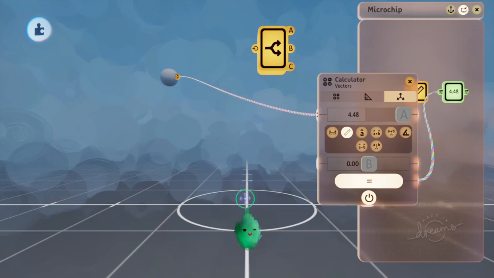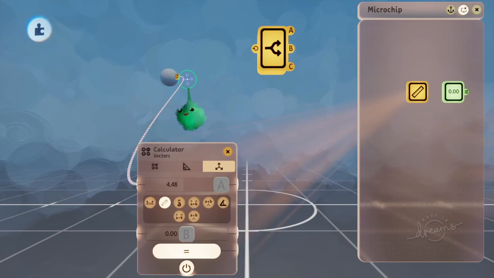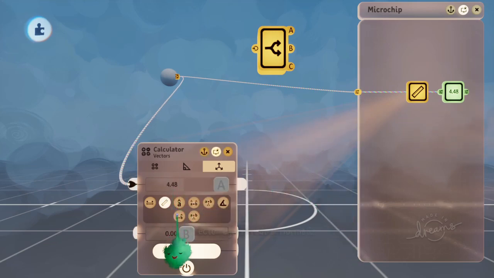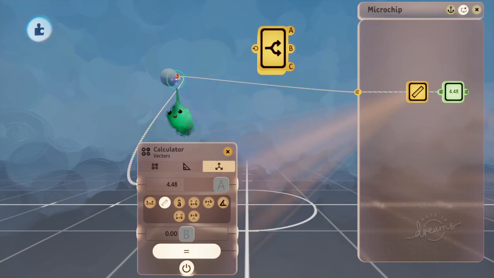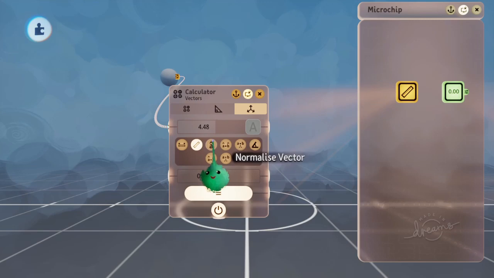These are just different terms for the same thing. And so if we remove that and just wire that in, it actually gives us the same answer. And you can see that default value of the distance, the length of that vector, being shown in the calculator there. Then we have Normalise vector.